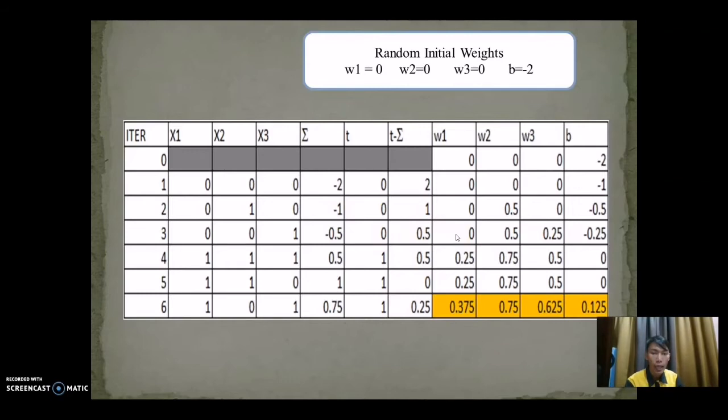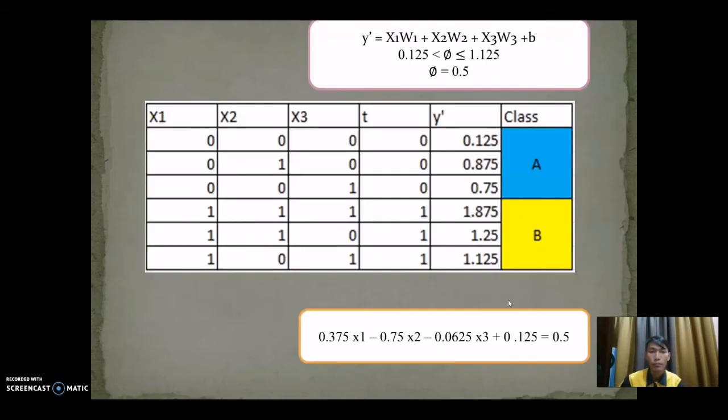So for the W we will get 0.375, 0.75, 0.625, and 0.125 for the B. Next we have to find the y. So this is the table.